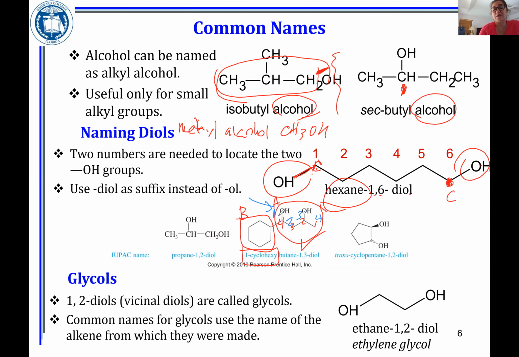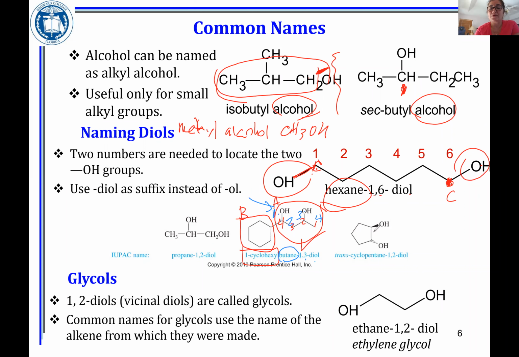You want to make sure that the OHs fall on the carbons with the lowest numbers. So now your cyclohexyl is attached to carbon 1. That's why you get 1-cyclohexyl, and then you have 4 carbons, which is butane, and 1,3-diol. OH is on carbon number 1 and 3.